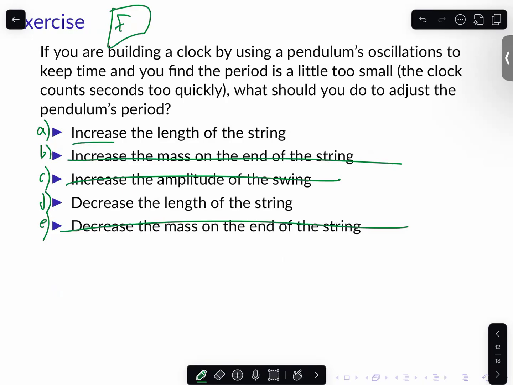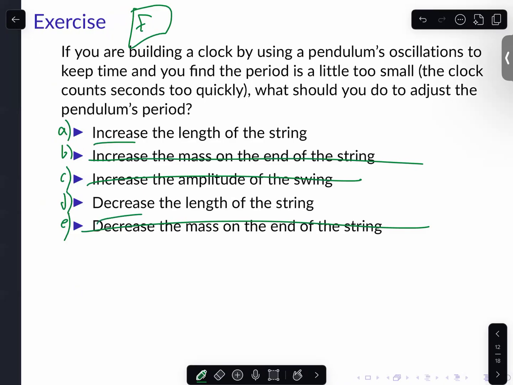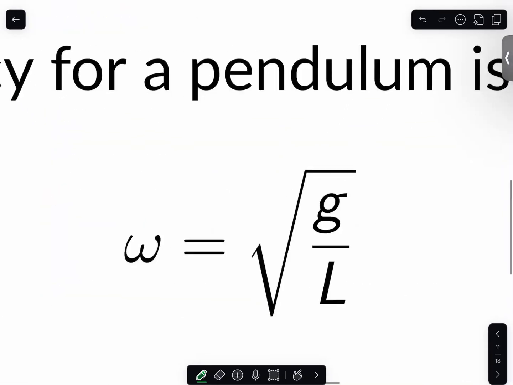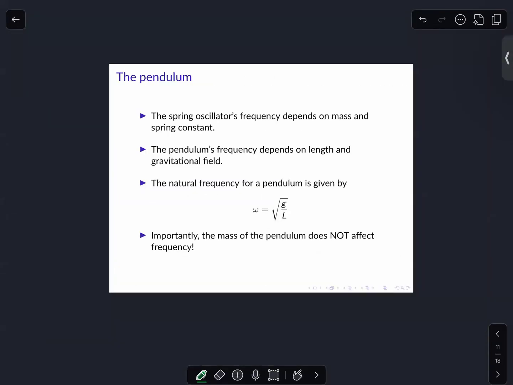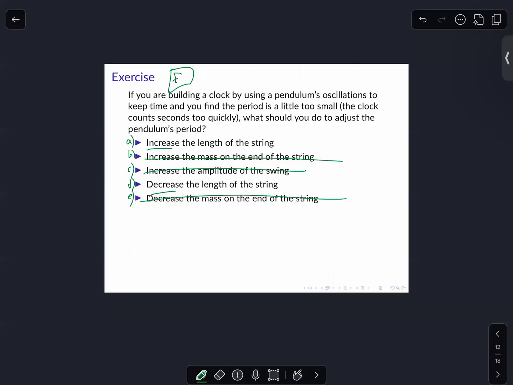Okay, so do we want to increase or decrease the length of the string? Let's look at this. If L gets bigger, what happens to the angular frequency? If I make the downstairs of a fraction bigger, the omega gets smaller. I don't ask about omega in this, I ask about period. If the omega gets smaller, what happens to the period?